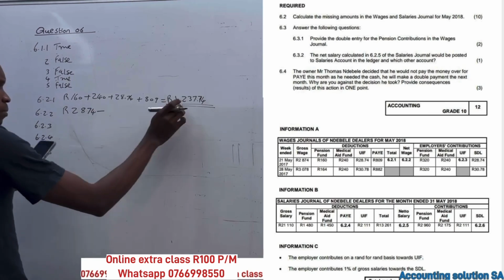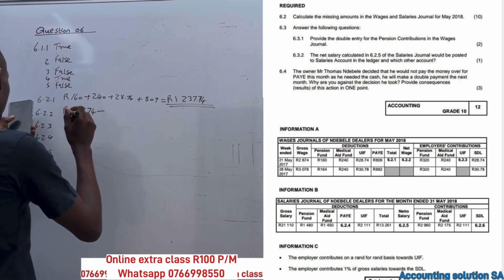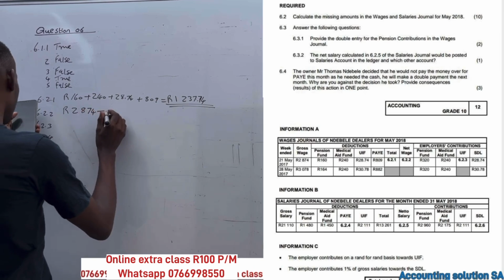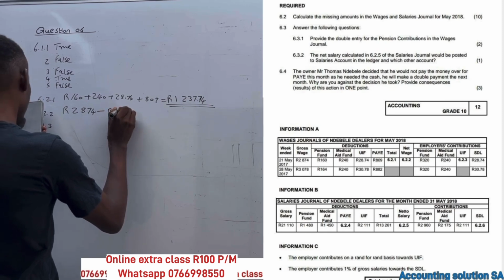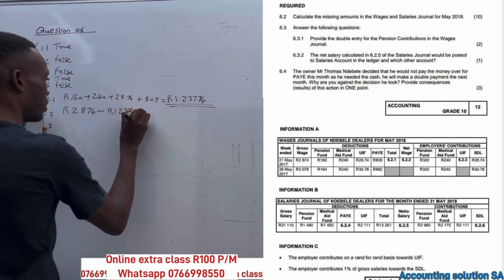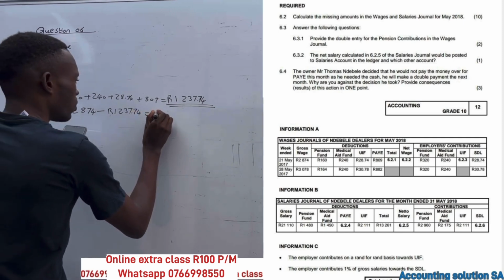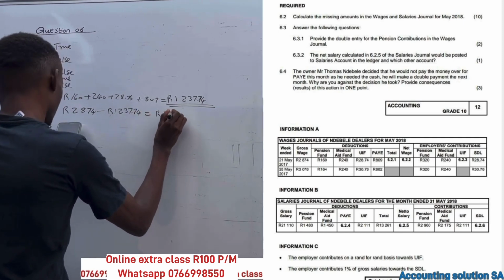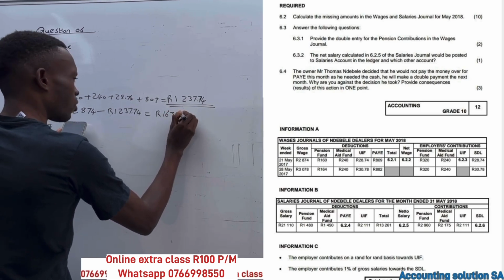Then now we have to subtract what? Total deductions, 1,237.74. Then we're going to get our net of 1,636.26.